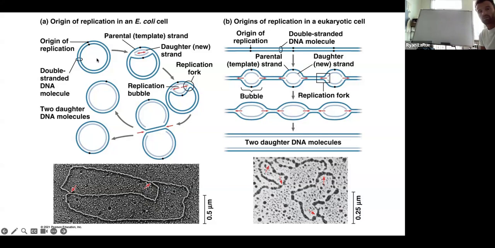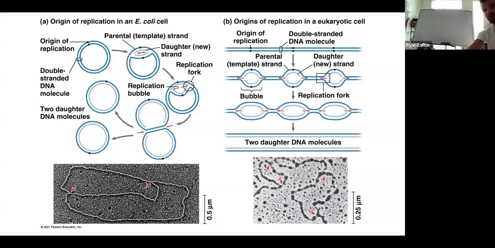You can see it here, right? So you've got this double-stranded DNA, but it connects in a circle, which is kind of interesting. Importantly, with our prokaryotic cells, you'd have one origin of replication from which you would replicate and produce your two identical DNA molecules.